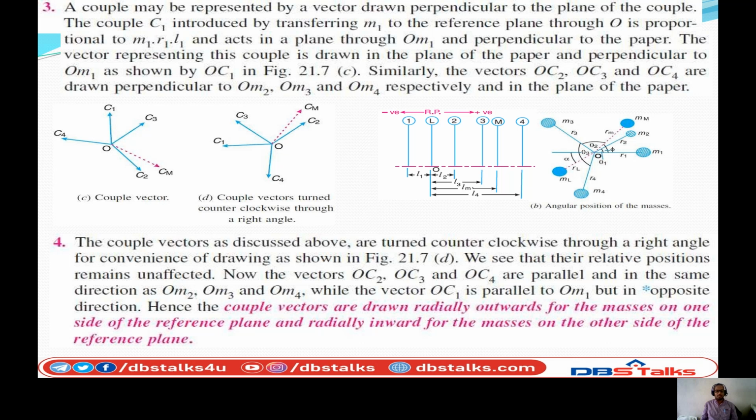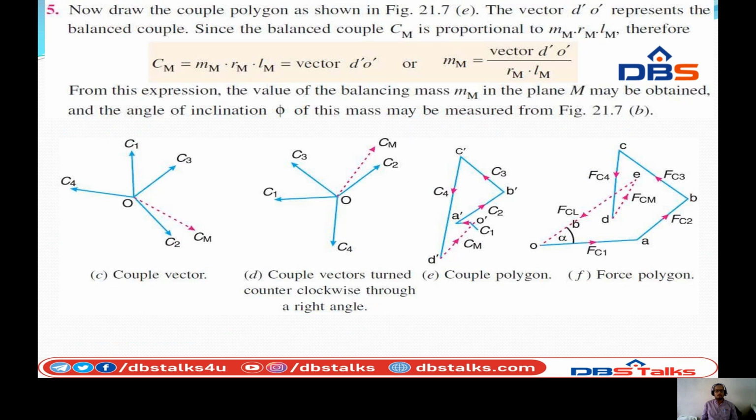So in continuity, now draw the couple diagram or couple polygon. In the couple polygon, shown in diagram E, the vector D dash O dash represents the balancing couple, since the balancing couple CM is proportional to MM RM LM.